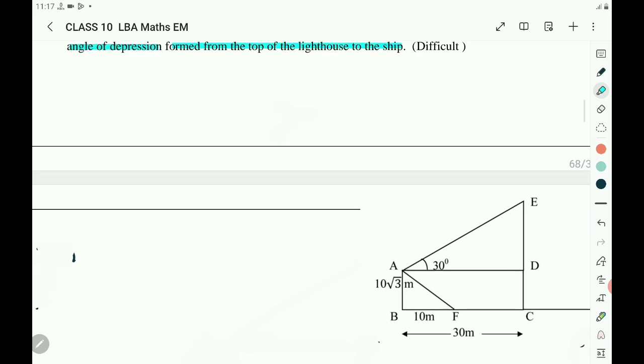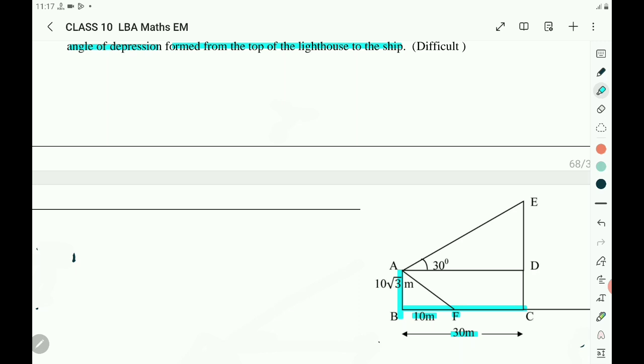Here AB is a lighthouse and CE is a tower. What is given? The height of the lighthouse is given, that is 10√3 meter. And F is a ship. What is the distance of the ship from the lighthouse? 10 meter. And what is the distance of the tower from the lighthouse? That is 30 meter.